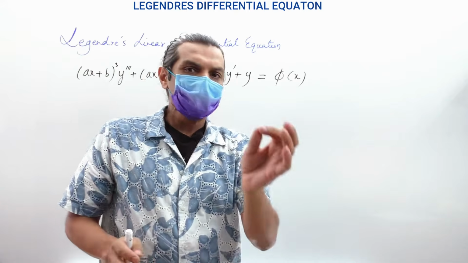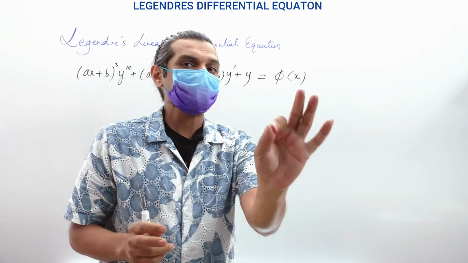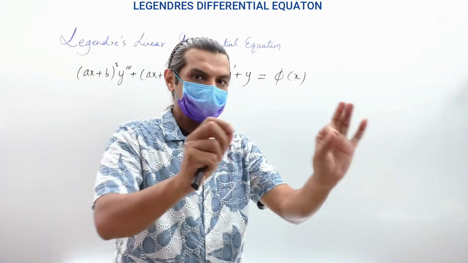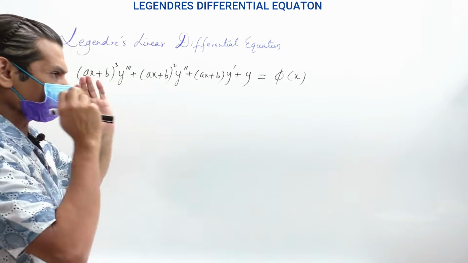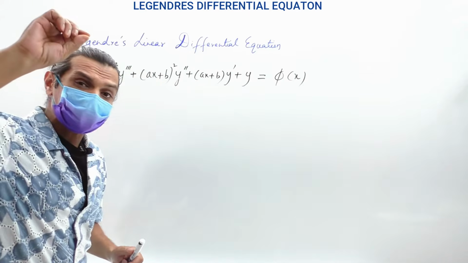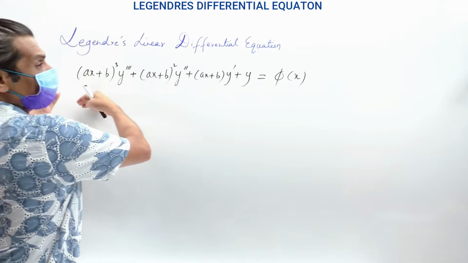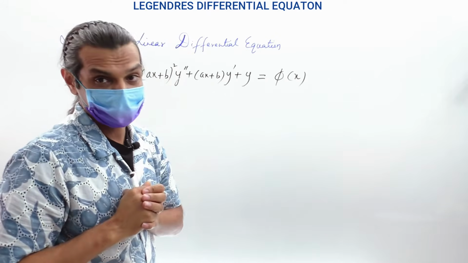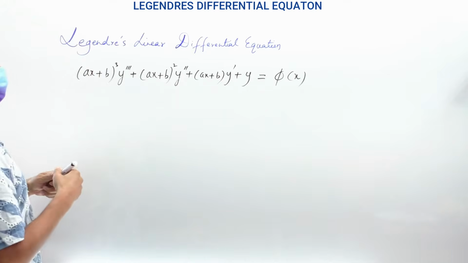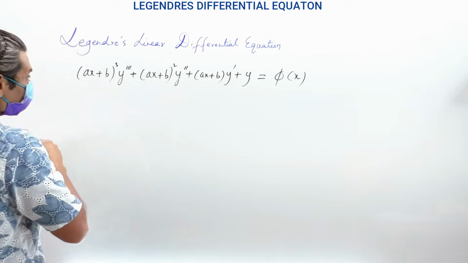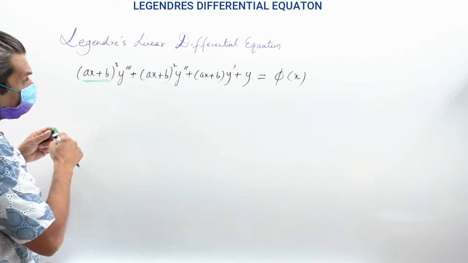Now, how to solve this Legendre's differential equation and, as I told you, how to bring it to D form. Listen carefully. I am going to explain in a very, very simple way. Whenever you identify a Legendre's differential equation, first, you see the term ax plus b is repeated.